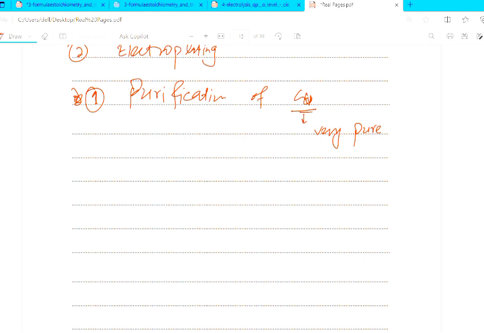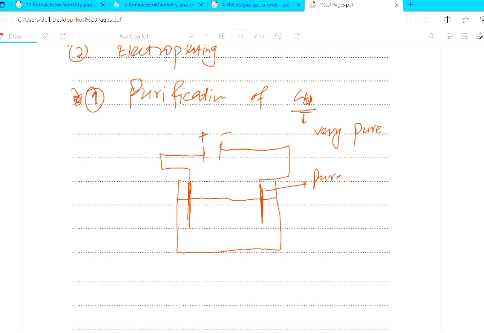So I'm just writing over here that we have this electrolytic tank. Here the anode will be of copper, which is impure. The cathode will be of pure copper.